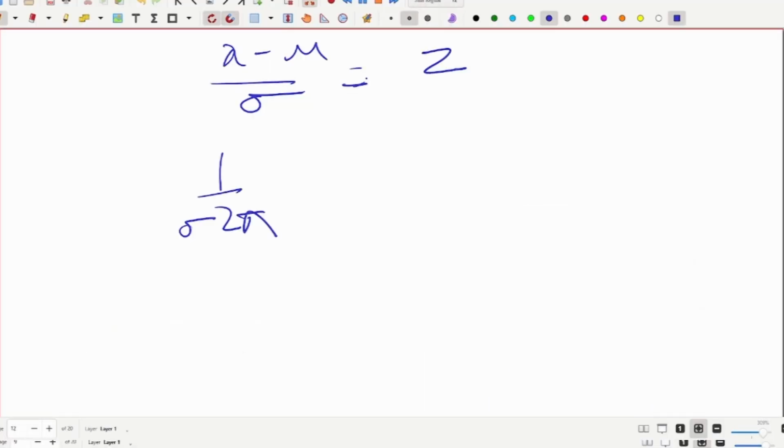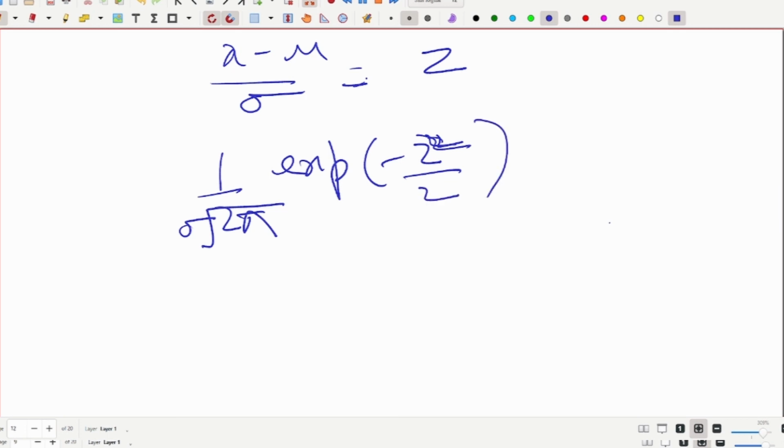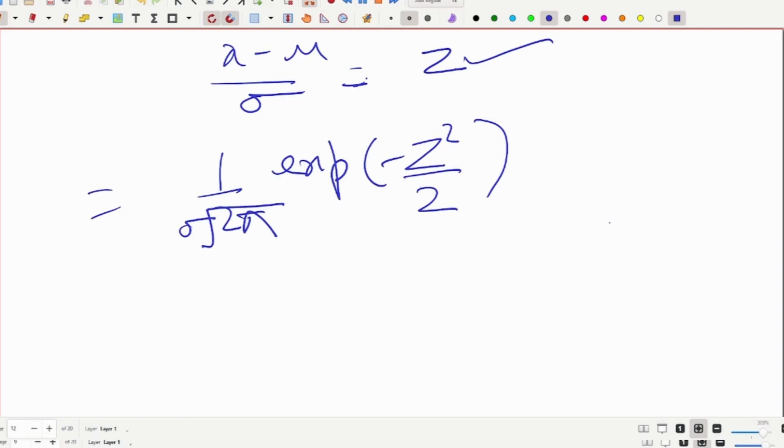Now, how these values came, that is high end statistics, we will not go into that. This becomes ultimately exponential minus z square by 2, where z is this. So again, ultimately it is a demonstration of y is equal to exponential minus x square, or minus x square by 2, that is a different thing, but this sort of graph will exist.